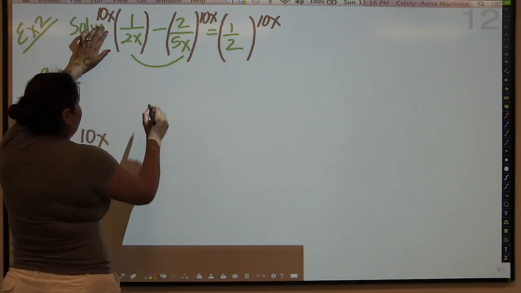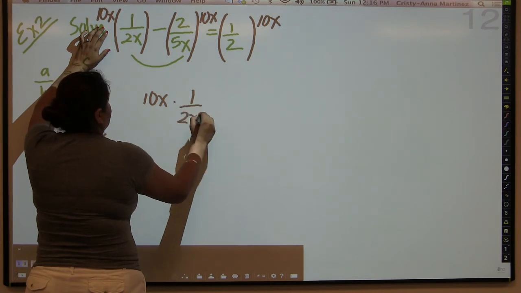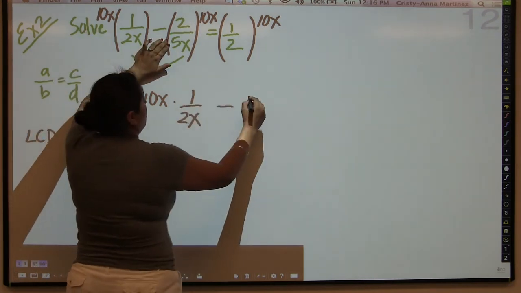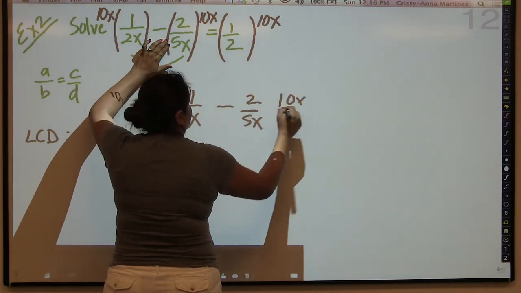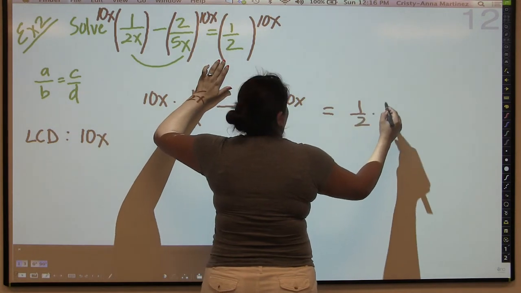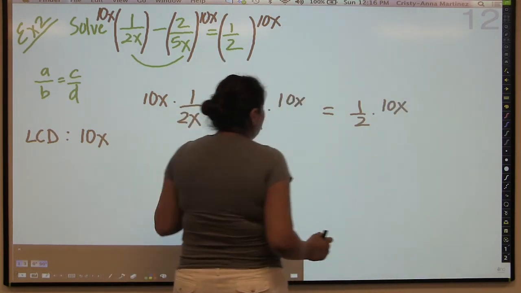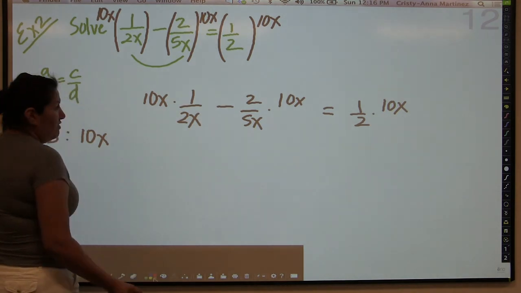So now what we're going to have here is 10x times 1 over 2x minus 2 over 5x times 10x, and then equal to 1/2 times 10x. And what this does for us is it actually helps us get rid of the fractions.